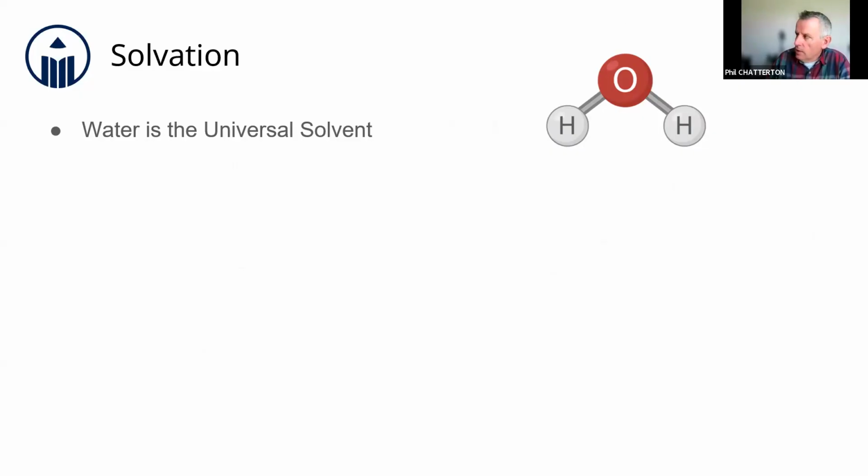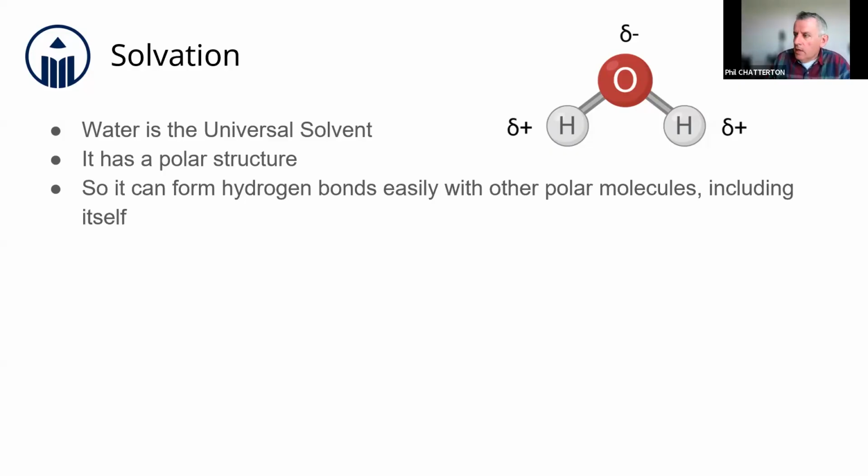It has that sort of two sides of a triangle kind of shape. And it has a polar structure, which means that the oxygen atom is very slightly negatively charged compared to the hydrogen atoms, which are slightly positively charged. And that polarity is absolutely crucial to its functions as a supporter of life. It can form hydrogen bonds very easily with other polar molecules and surround other polar molecules and dissolve them.